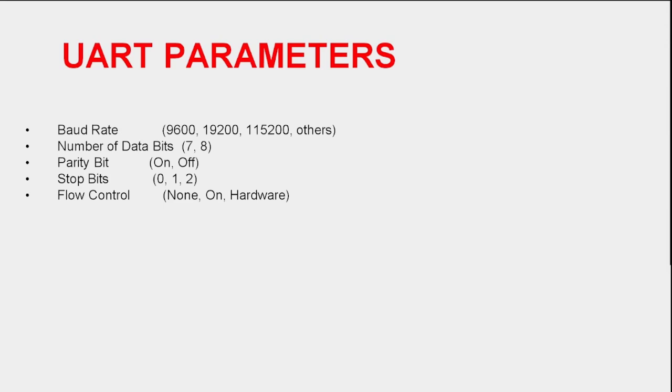The stop bit is optional: sometimes stop bits may be 0, sometimes 1 bit, sometimes 2 bits. Flow control is optional; it is none on hardware. So these are the UART parameters that you have to set when you synchronize both devices to transfer data.